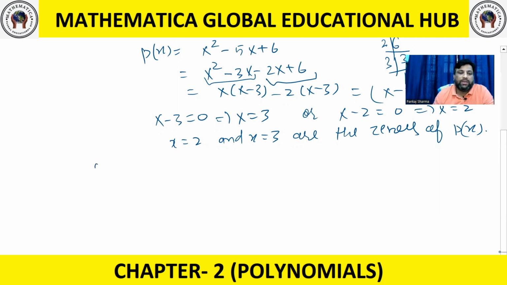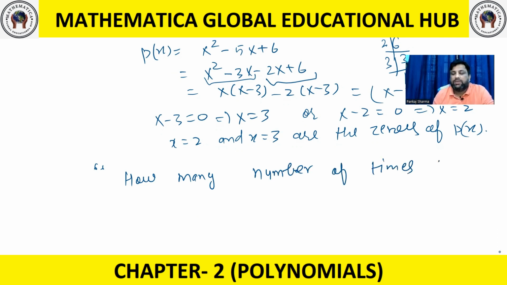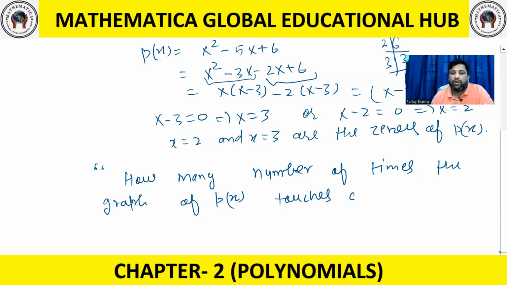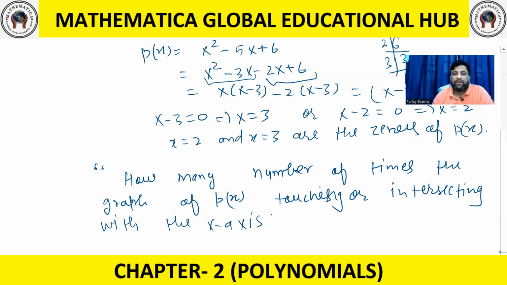The geometrical meaning is how many times the graph of p(x), the given polynomial, touches or intersects the x-axis. That is the geometrical meaning of the zeros of the polynomial.